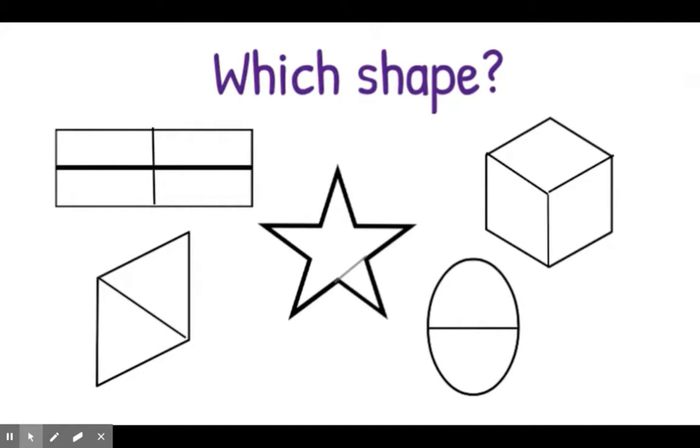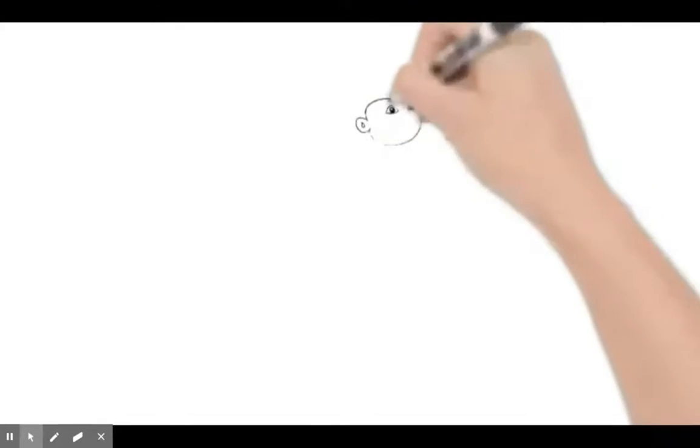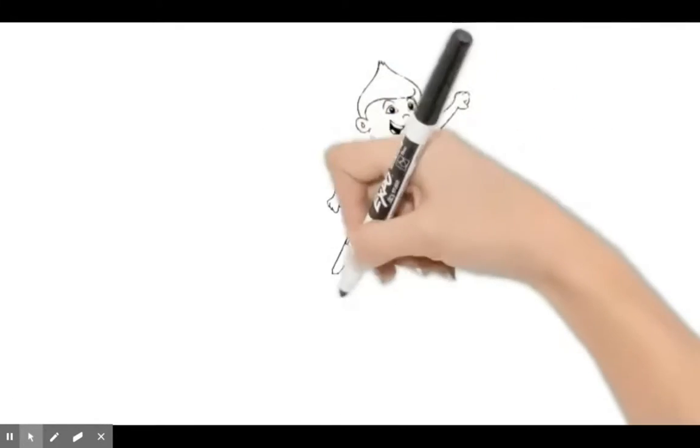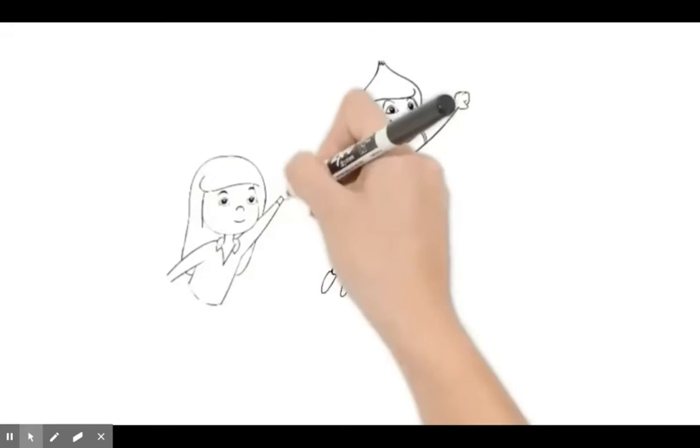Which shape shows four equal parts? The rectangle has fourths. How many parts does the hexagon have? Three partitions. What about the star? It is divided into two unequal sections. Well done. See you next time.